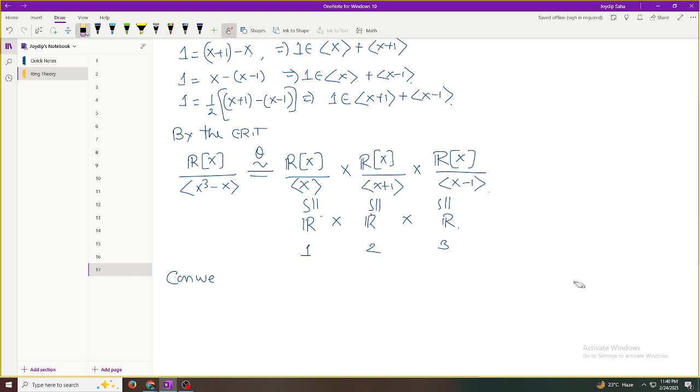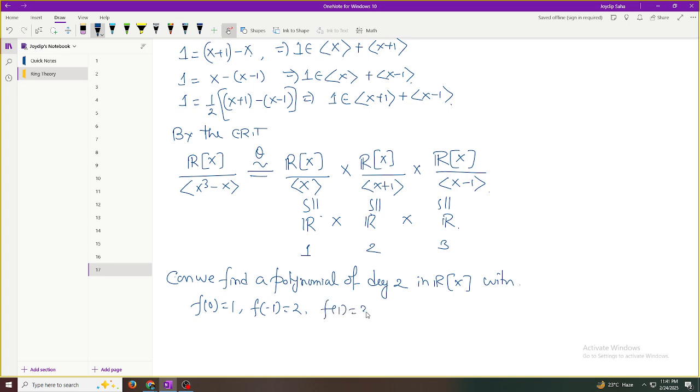So can we find a polynomial of degree 2 in R[x] with f(0) equals 1, f(minus 1) equals 2, f(1) equals 3? Can you find it?